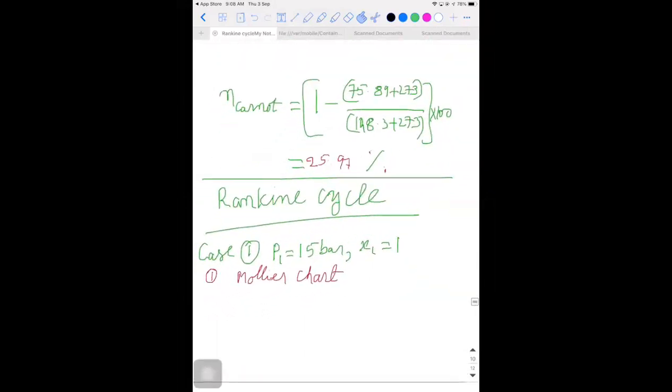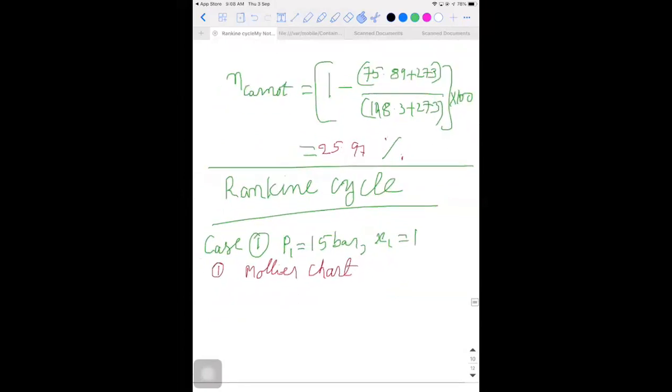Okay. And let us have this Mollier diagram. This is the HS diagram.